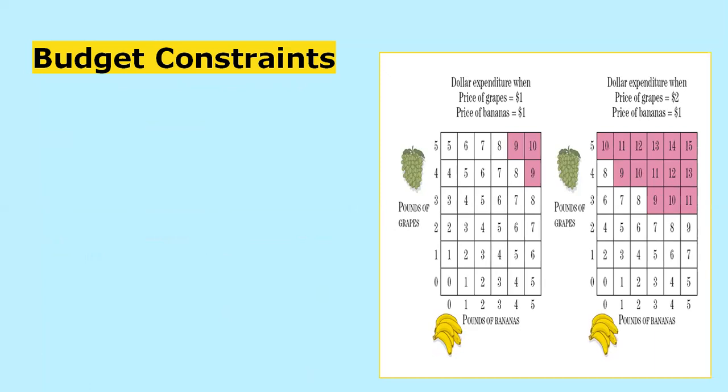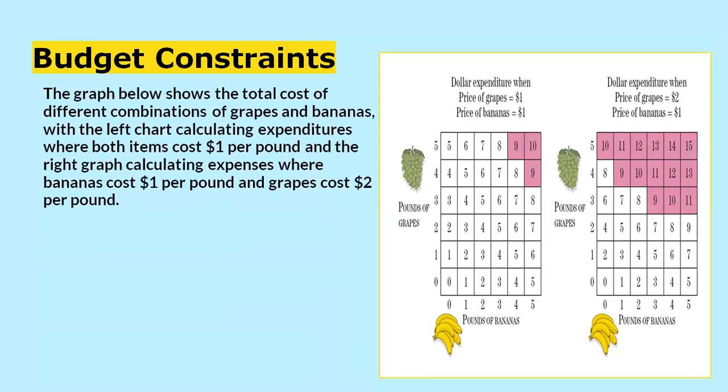Budget constraints. The graph below shows the total cost of different combinations of grapes and bananas, with the left chart calculating expenditures where both items cost $1 per pound, and the right graph calculating expenses where bananas cost $1 per pound and grapes cost $2 per pound.